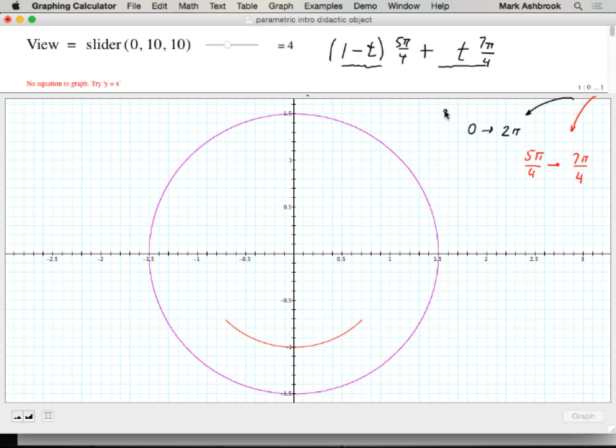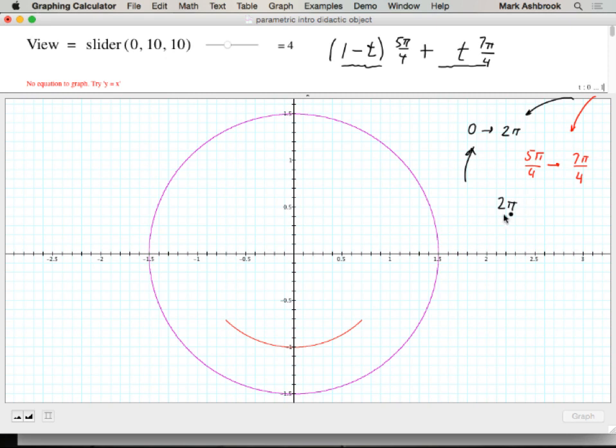So what will it be for 0 to 2 pi? So I want to write that out for, say, if I want my angle to vary from 0 to 2 pi as t varies from 0 to 1, what would it be? What's that? 2 pi times t?